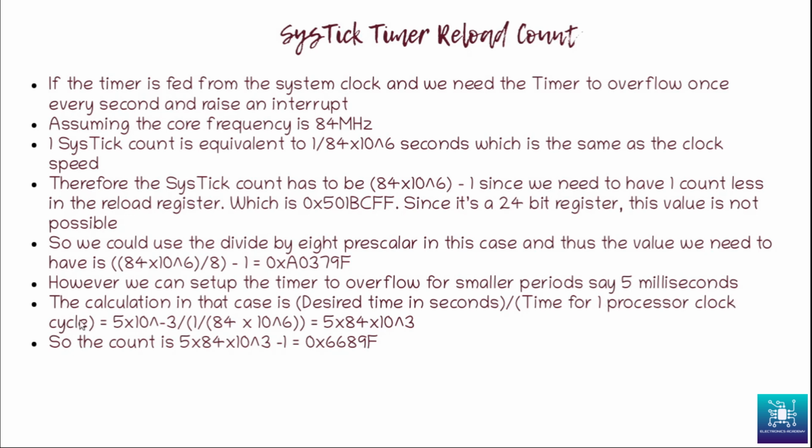In this case, the time for one clock cycle is 1 over 84 into 10 to the power of 6. And if it is a divide by 8, then this time becomes higher. That is, the time for one processor clock cycle becomes 8 times the value. And so the count here is 0x6689F.